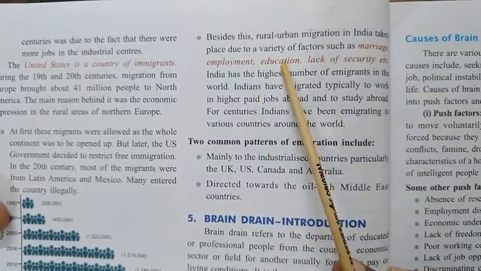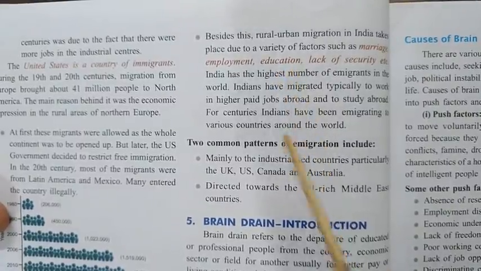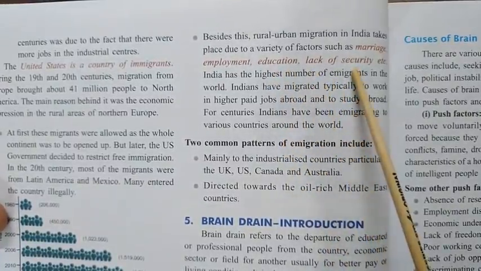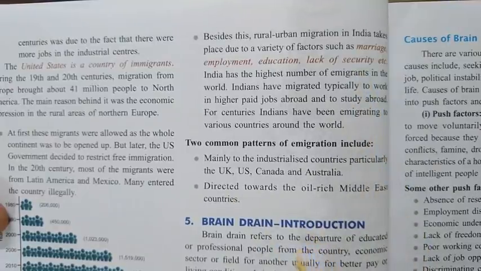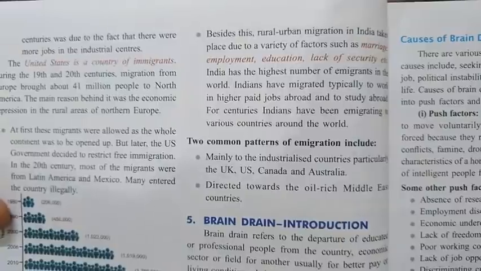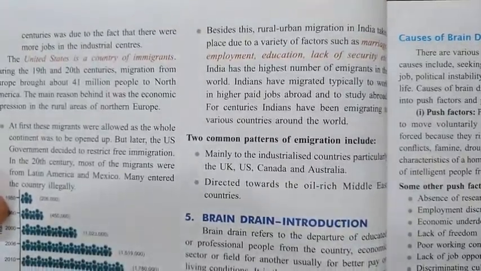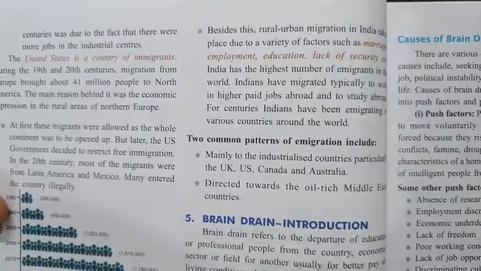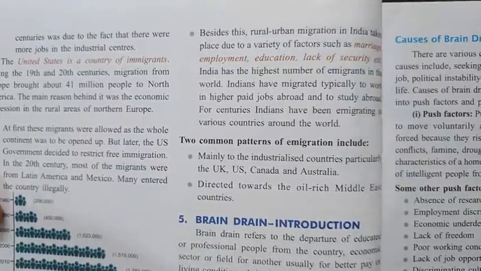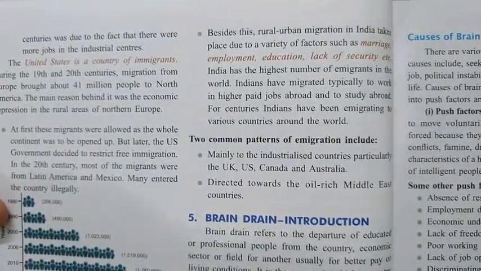For better education also, many students migrate to some other part of our country itself. Lack of security: now in villages, you can take the example of Bihar. In some areas, because of the Naxal activities, because of these Naxalites, the people are not secure, and so they have migrated.